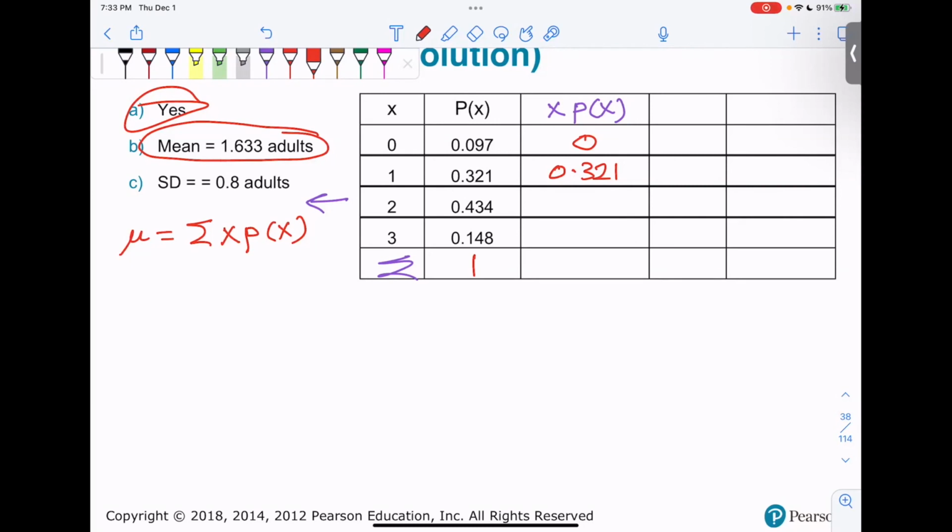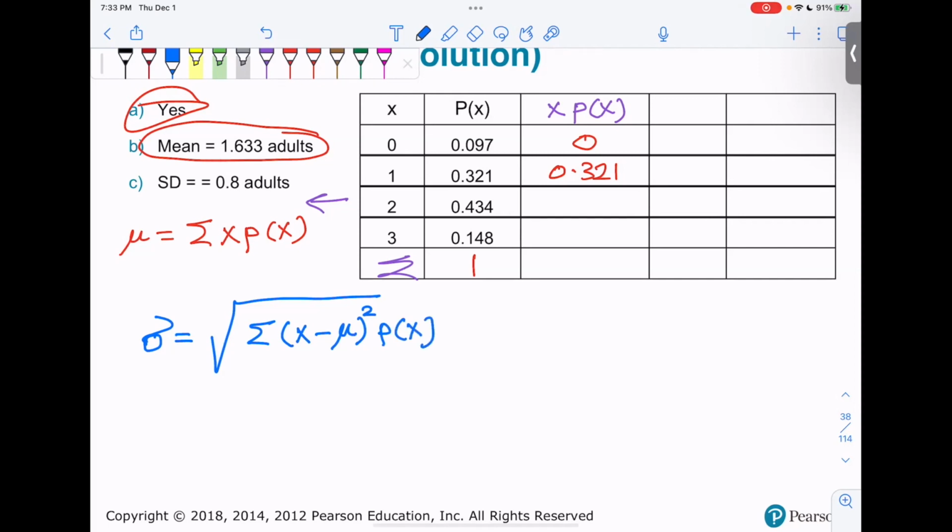For standard deviation, sigma equals the square root of the summation of (x minus mu) squared times probability of x.